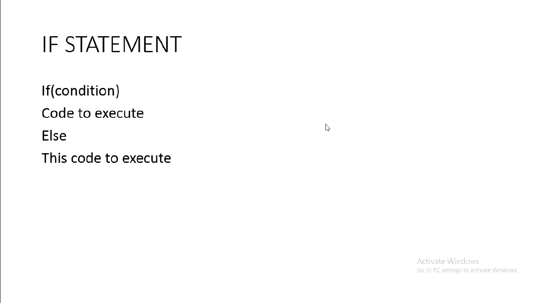So let's focus on the if statement. We use it when we have two conditions and we want to decide which one will be executed. For a simple example, say I ask whether you are a girl or a boy. If you are a girl, you should have long hair. If yes, then obviously you're a girl.